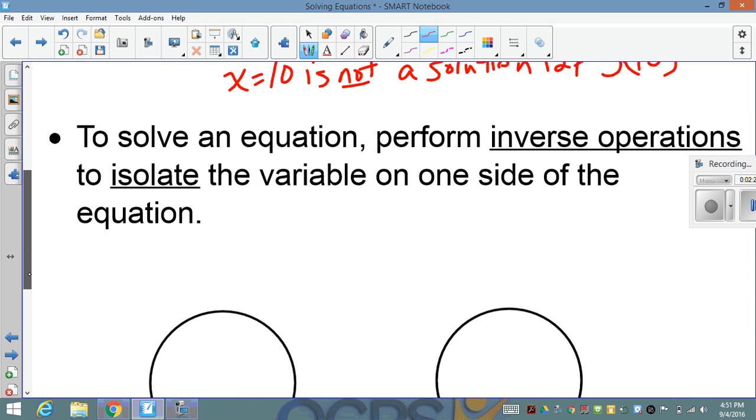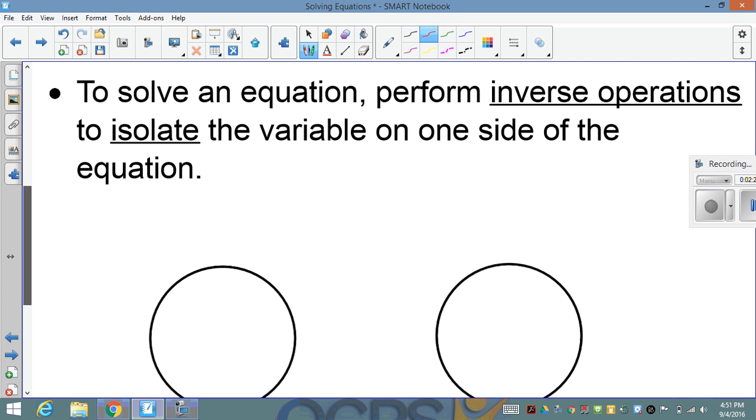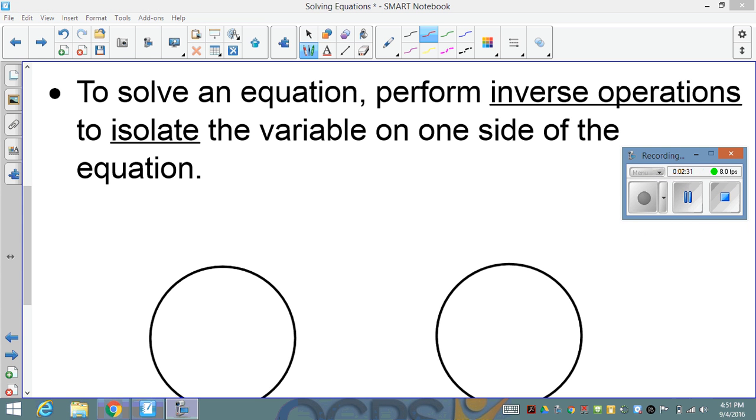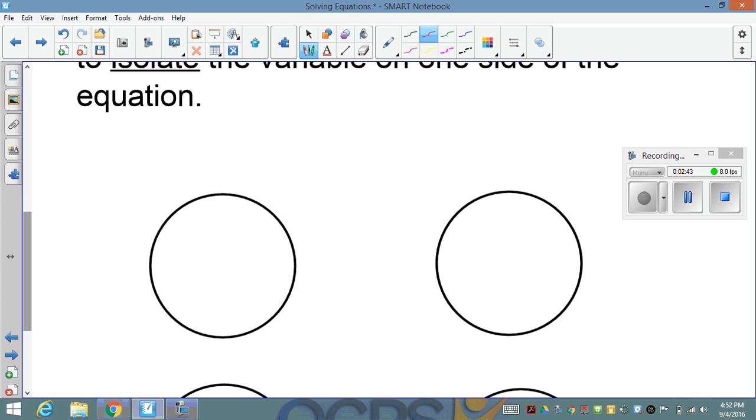So, first of all, let's talk about how we solve an equation. To solve an equation, we perform inverse operations to isolate the variable on one side of the equation. So when I say isolate the variable, what I'm talking about is getting the variable by itself on one side. Now we're going to work through lots of examples there, but let's talk about these inverse operations first. So for our inverse operations, addition and subtraction are inverses.